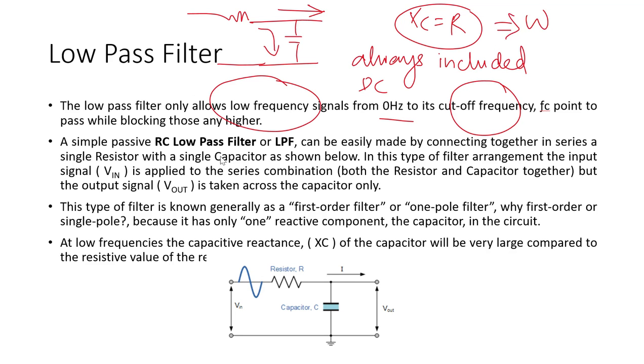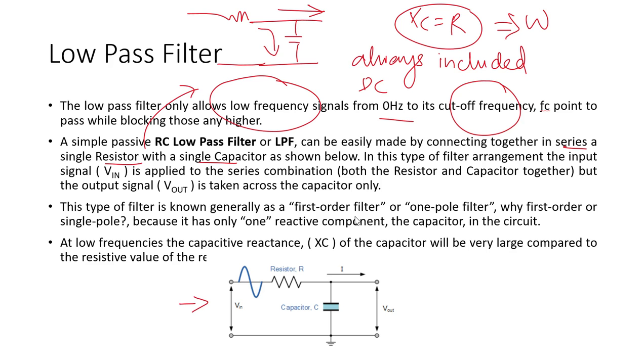A simple passive LPF can be easily made by connecting together in series a single resistance with a single capacitor, as we discussed here and as this figure suggests.